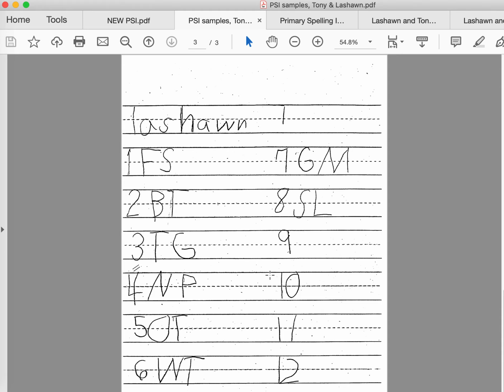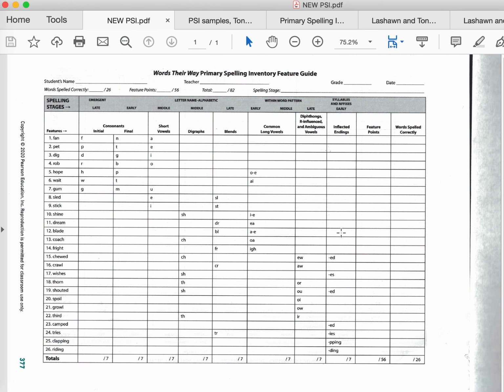Now, let's analyze LaShawn's PSI spellings with the PSI feature guide. Pause this video now and independently complete LaShawn's feature guide using this feature guide.